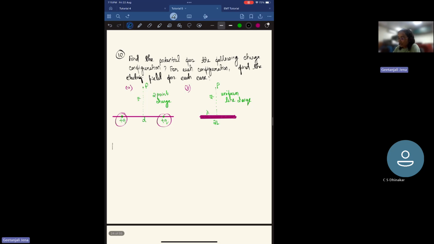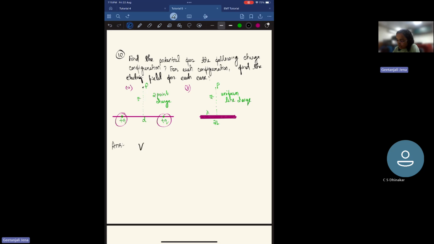Okay. So for the first charge configuration, we have plus q separated by distance d, and we need to calculate the potential and the field at a point P, which is at a distance z from the midpoint of the line joining the two charges.